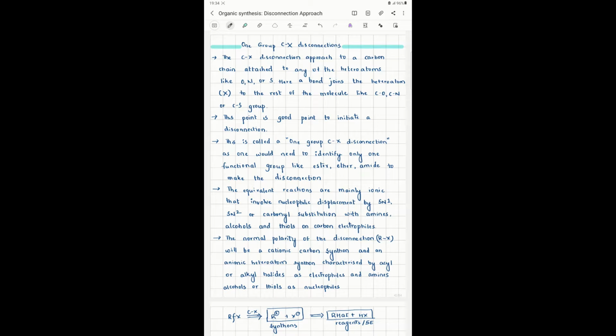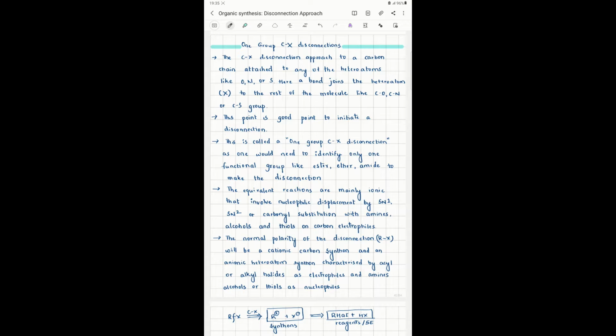Hello everyone. In the previous discussions, we have seen Umpolung reactions and how an Umpolung system is useful for synthesizing a target molecule which could not be achieved with the natural synthons. In this particular discussion, we will be looking at one group C-X disconnections.